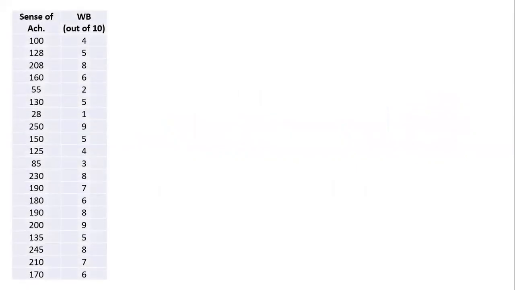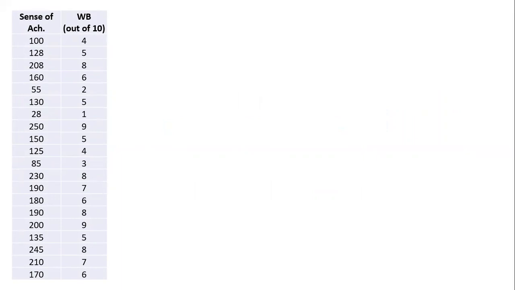Well, here is the score on sense of achievement, which again ranges from 0 to, well, again, something very close to 300.